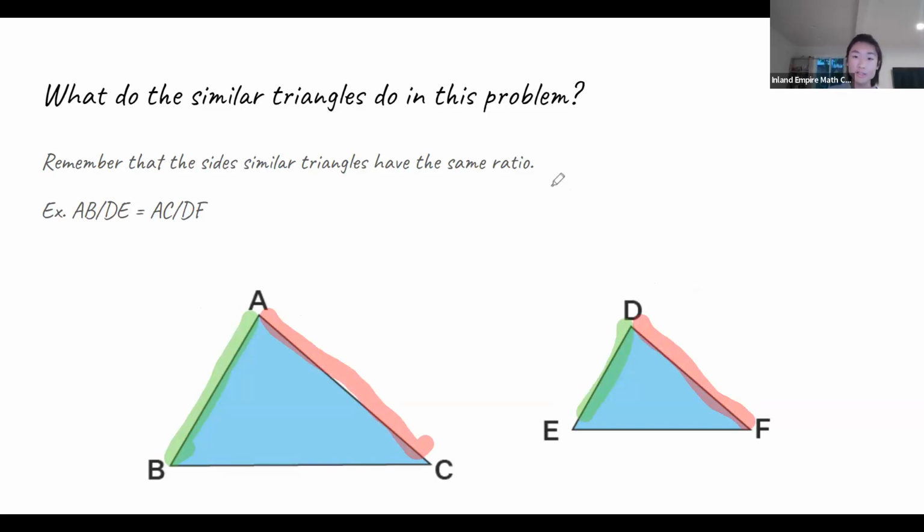So for example, if I said that side AB was of length, let's say 6, and side DE was length 3, and side AC was length 4, what can we find out about side DF? Remember, going back to what we have here.